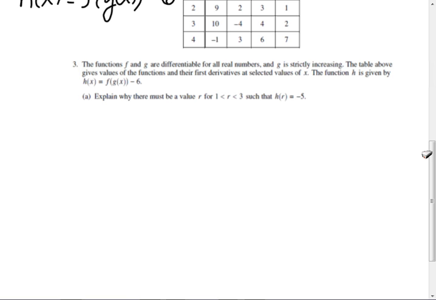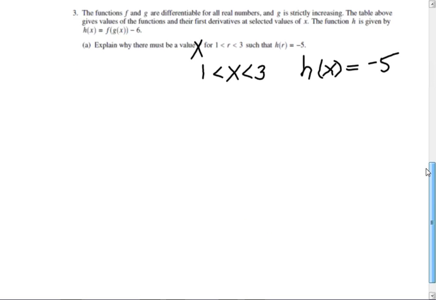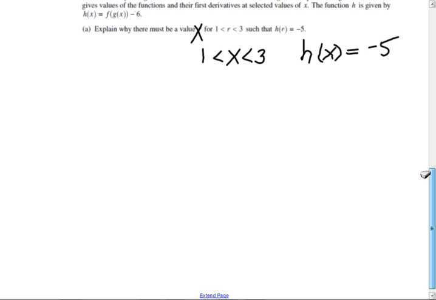Explain why there must be an x value so that x is between 1 and 3, such that h of this x value is equal to negative 5. I don't know what the x value is. I think that helps make the problem a little bit easier to understand. So they're going to tell you that h of x is equal to negative 5 someplace. How could I show it has to be negative 5? We did this yesterday. It's a theorem.